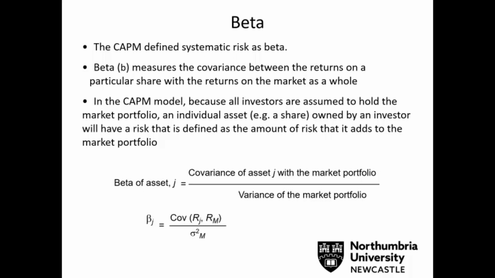Because it is about comparing a stock against its market, we're looking for what's known as the covariance of the asset with the market portfolio, divided by the overall variance of the market portfolio. Now, if you're unfamiliar with the terms I've mentioned, like variance, if we look at the formula here, this sigma is standard deviation.